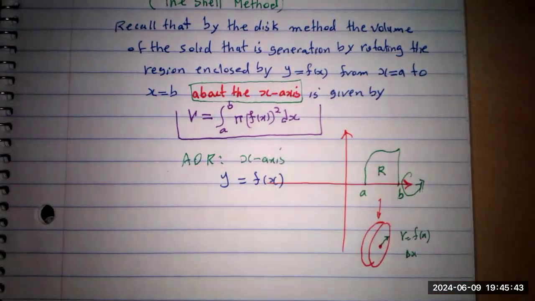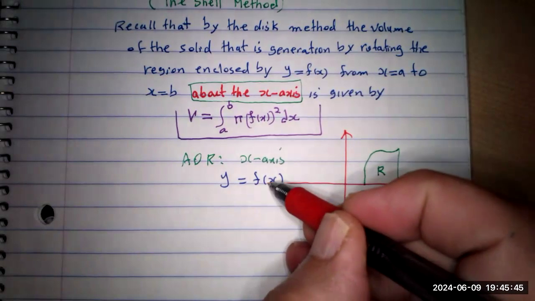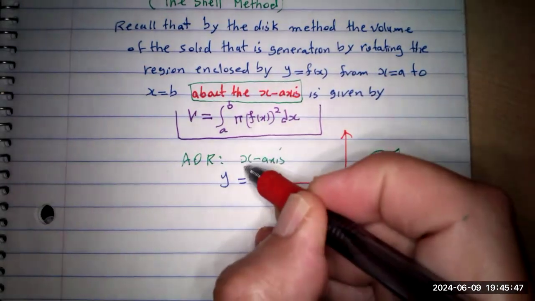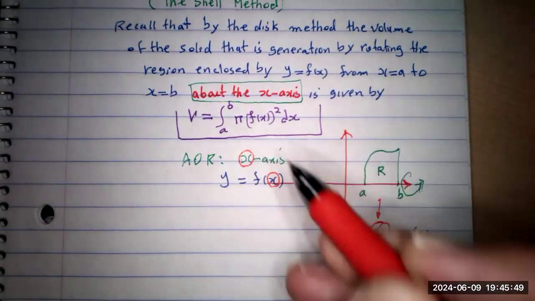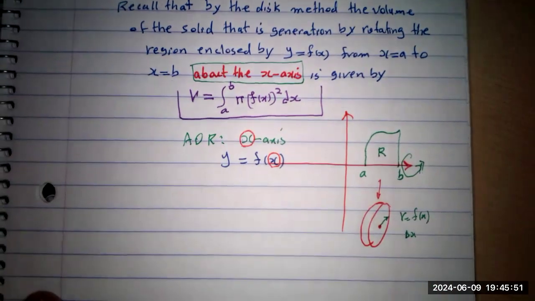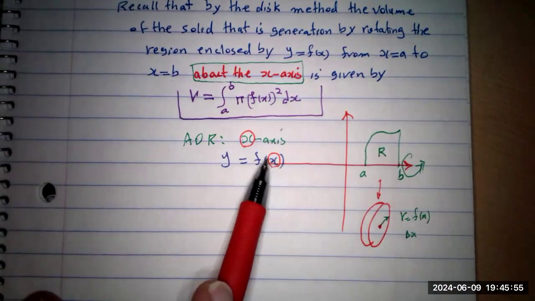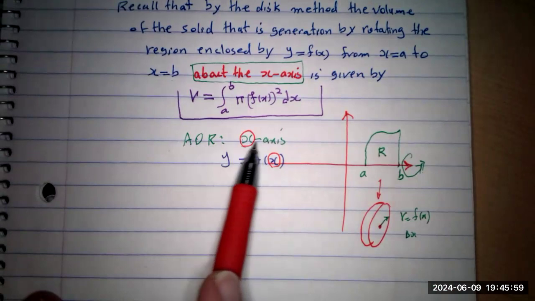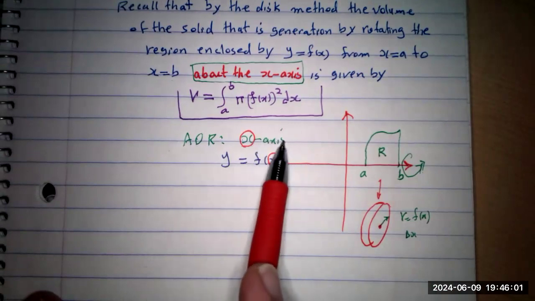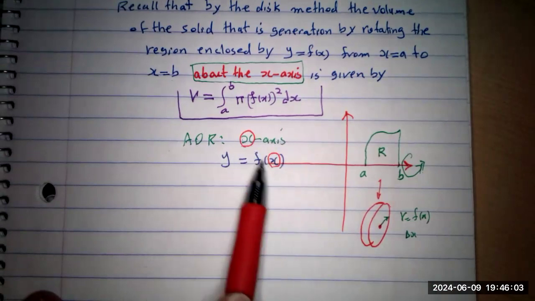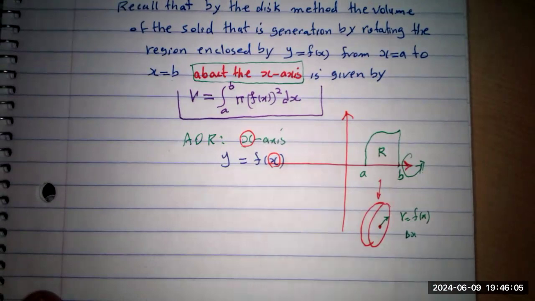So anytime the function is a function of x and the axis of revolution is x, you're going to apply the disk method. Or the same if it's y. If the variable of the axis of revolution and the function are the same, then use the disk method.